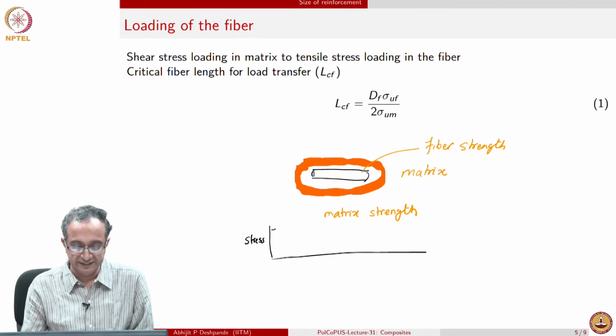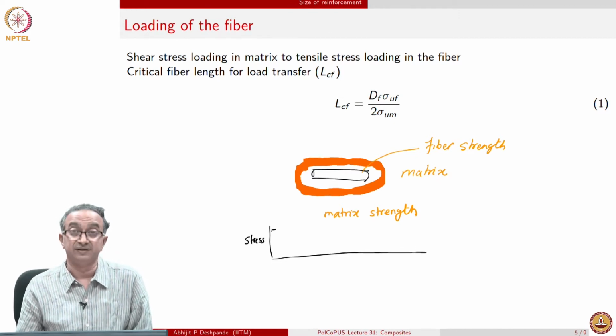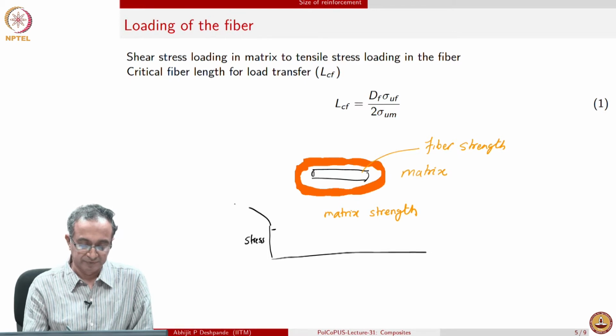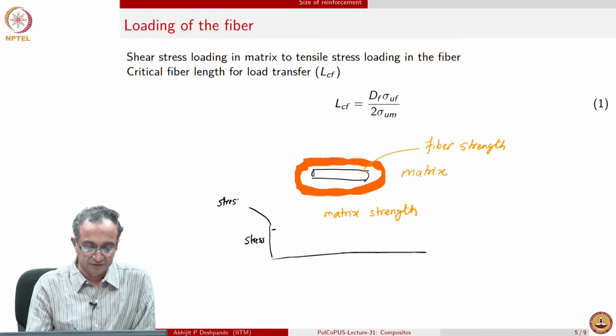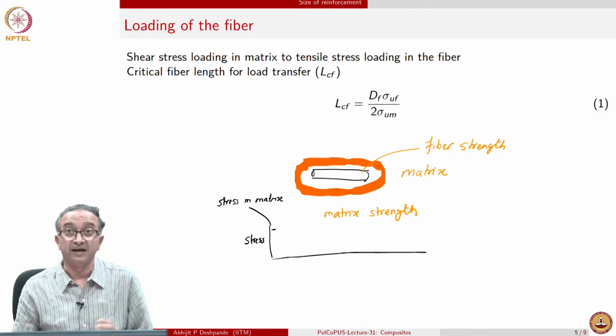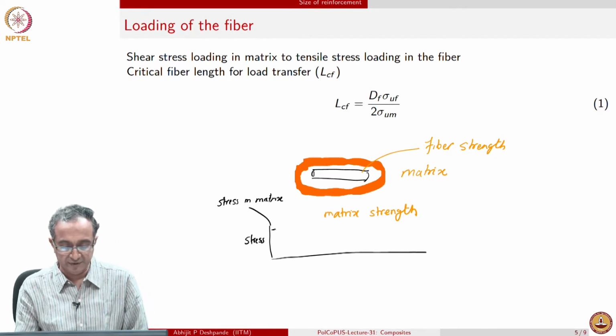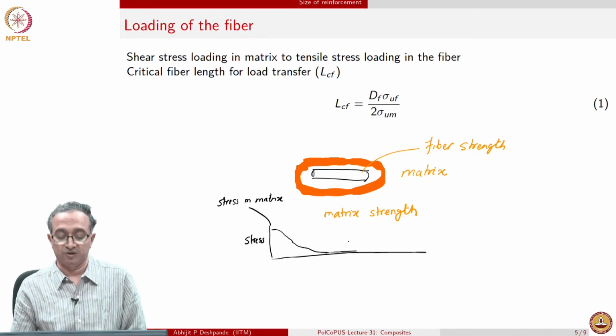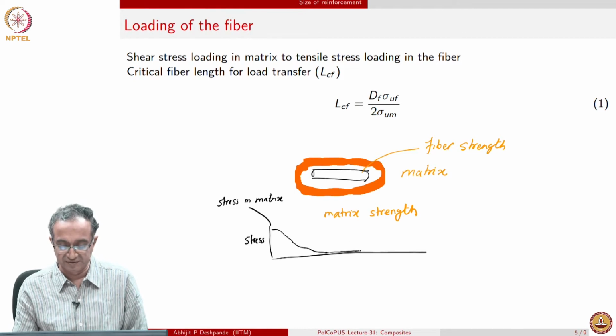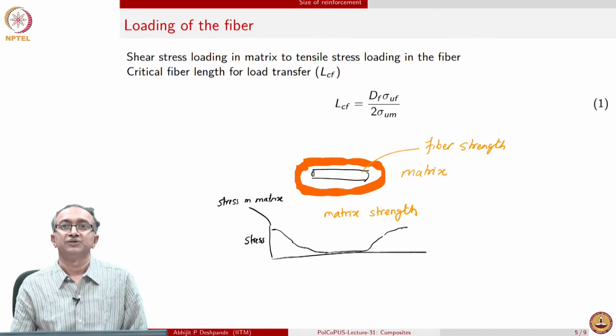Somewhere far away there is a stress in the matrix. So, this is stress in matrix, and as you approach the fiber, this stress decreases, and because now the fiber takes all the load, the stress goes to 0, and then again it increases. So, this is the load transfer that we are talking about.